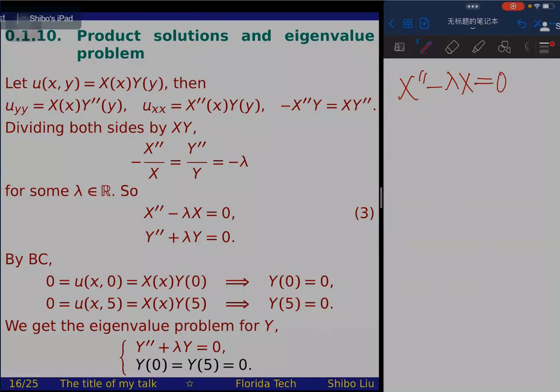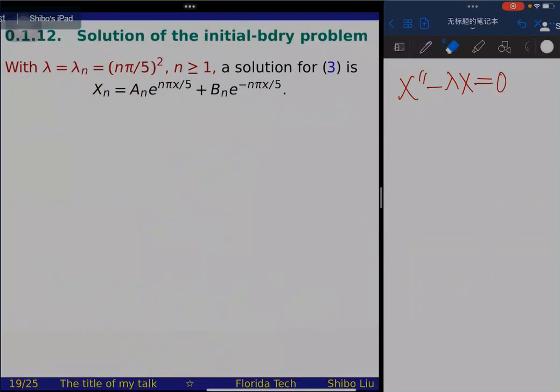Now our lambda is what? Lambda is n pi over phi squared. So X double prime minus n pi over phi squared X is 0. From this you can find the general solution, which is a linear combination of exponential functions.